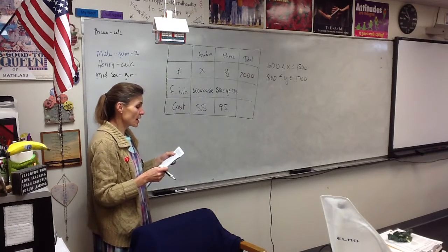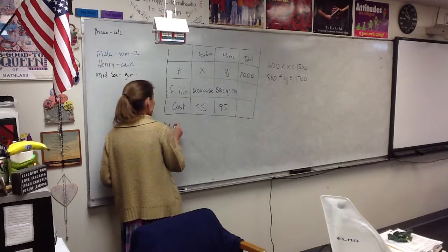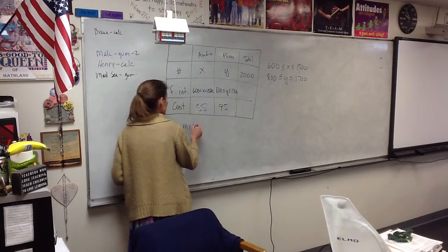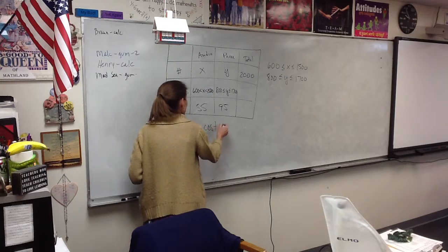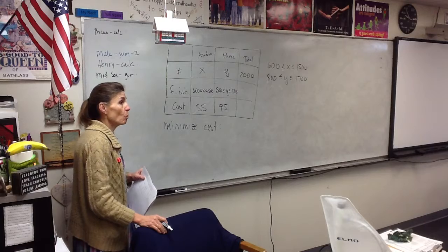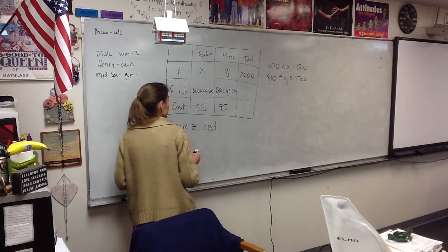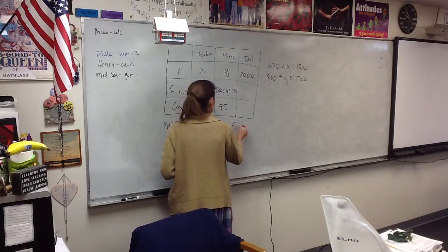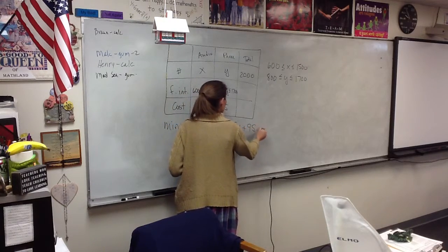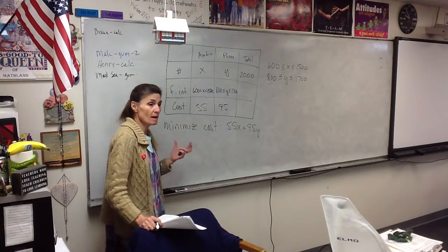How many of each type should be made to minimize? This might be our first minimize. We want to minimize the cost. And what is the cost equation here going to be? 55x plus 95y.